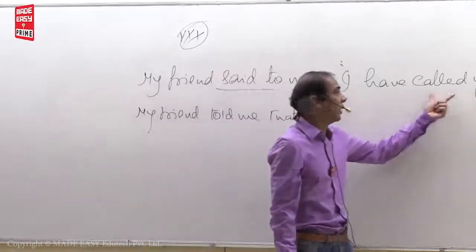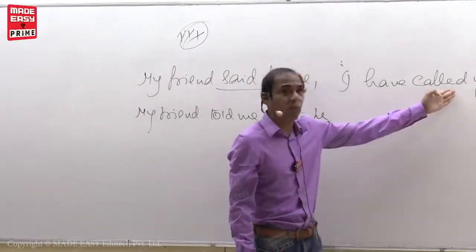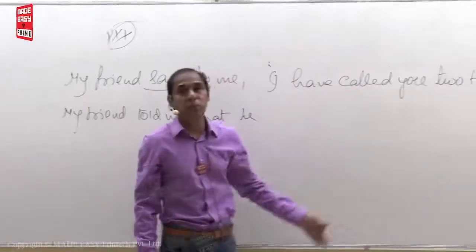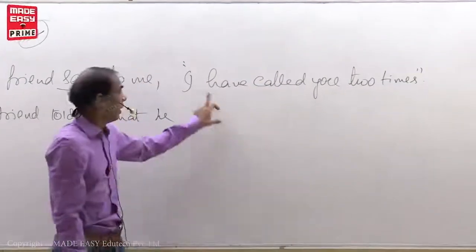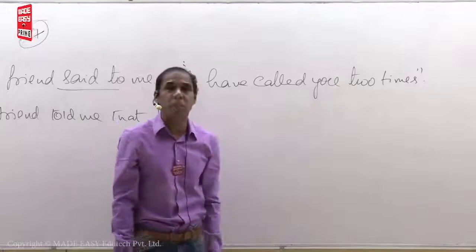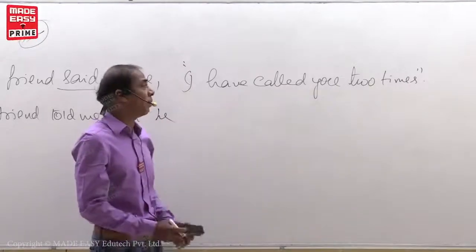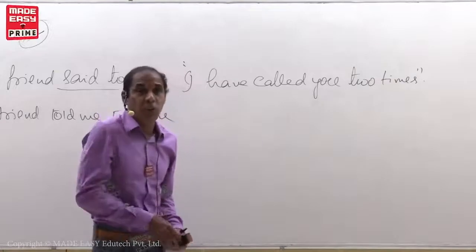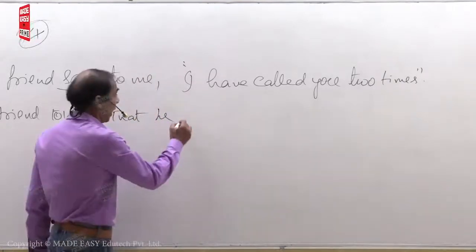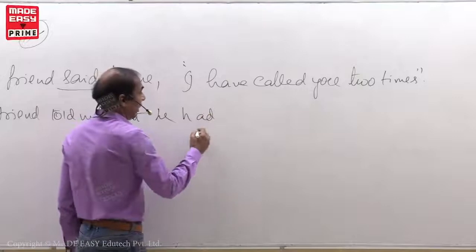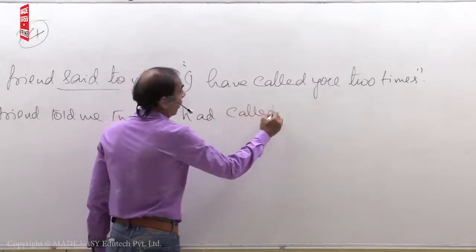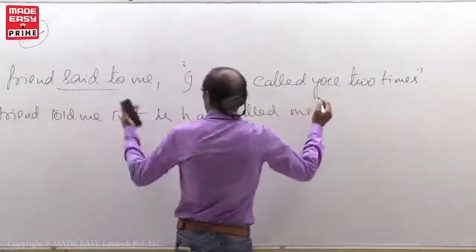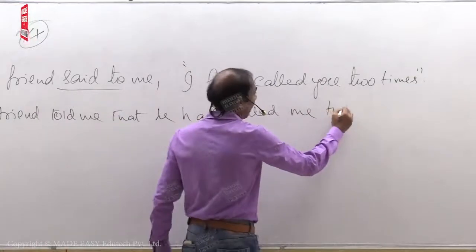What is the tense form of the direct speech? Have or has plus V3. This is called present perfect tense. Present perfect tense should be turned into past perfect. What is the form of the past perfect? Had plus V3. That he had called me. You changes as reporting verb object, 2 times.